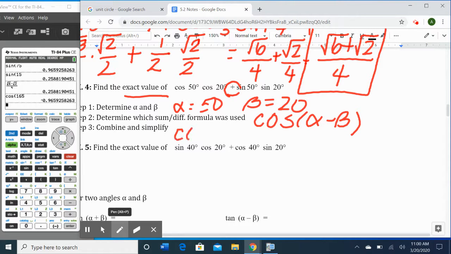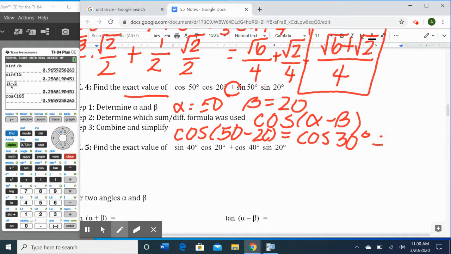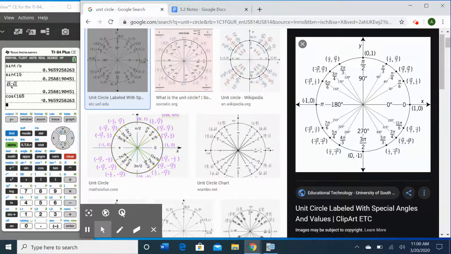And so if they use the cosine of alpha minus beta when alpha is 50 and beta is 20, then they're asking you for the cosine of 50 minus 20, which is the cosine of 30 degrees, which is, according to our unit circle, root 3 over 2.